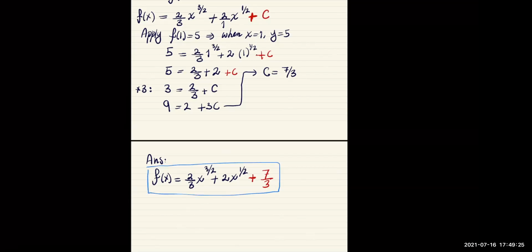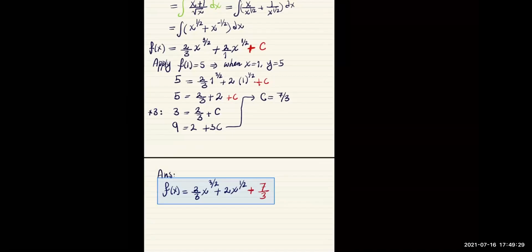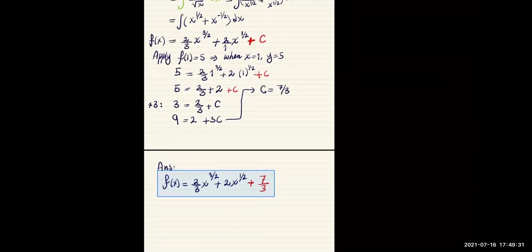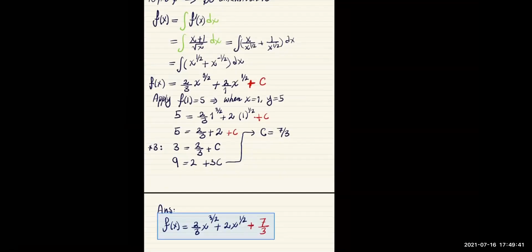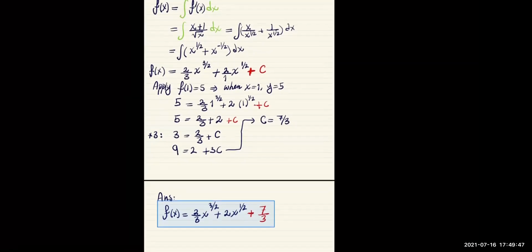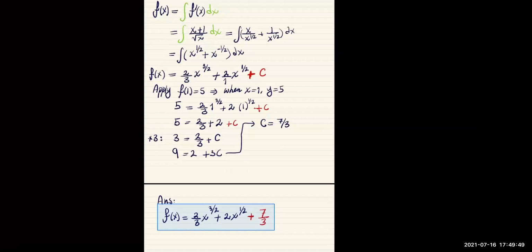We found the actual function with C known. You have a bunch of these problems in the book where you have to find C. But again, the book doesn't introduce this notation until later, but you can use the notation if it makes your life simple. All right, guys, that's it for today.